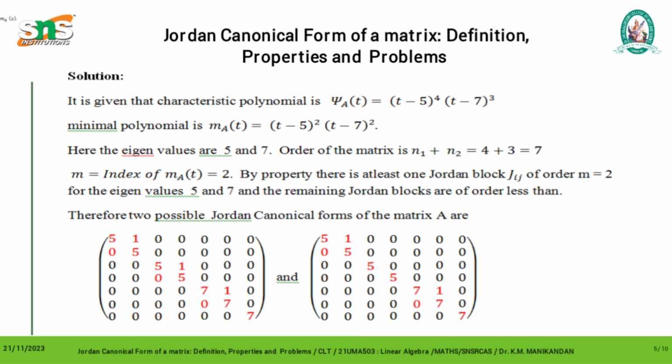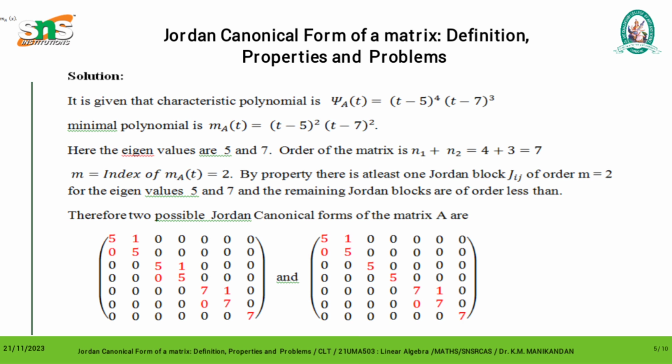In chi_A(t) for 5, you can form another Jordan block of order 2. That is 4 minus 2: you subtract the index value 2 from the power 4 corresponding to lambda equal to 5, so you get 2. So you frame another Jordan block of order 2 with respect to the eigenvalue lambda equal to 5.